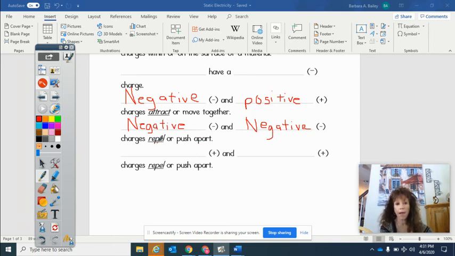So I underlined that word because that is another vocabulary word that we need to know what that means. So repel means to push apart. Negative and negative, they move apart. Okay. And then we also have two pluses. So positive and positive also repel or push apart.